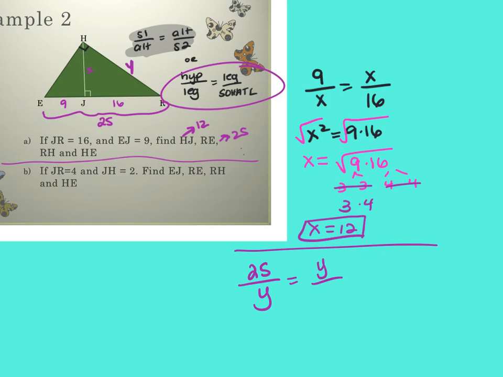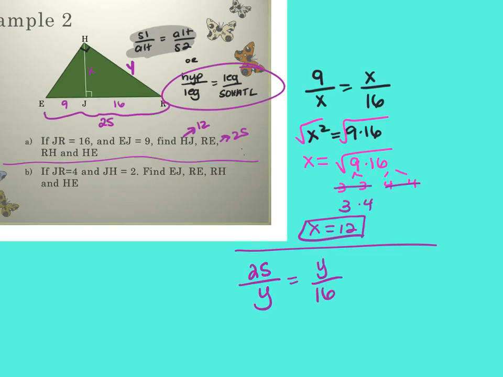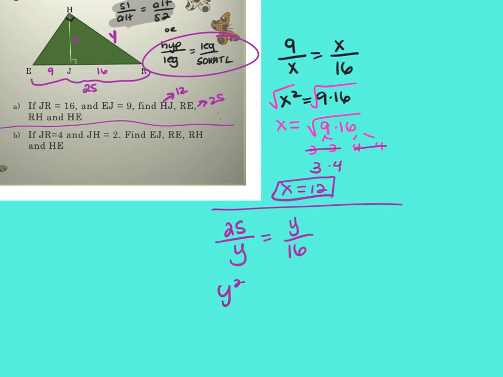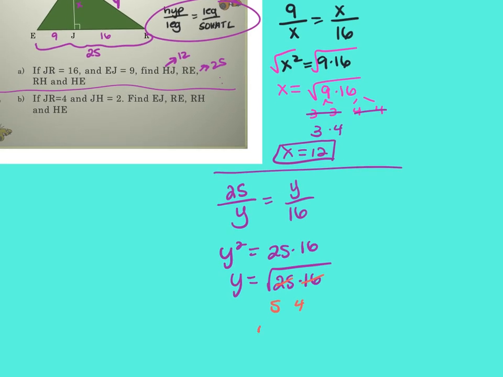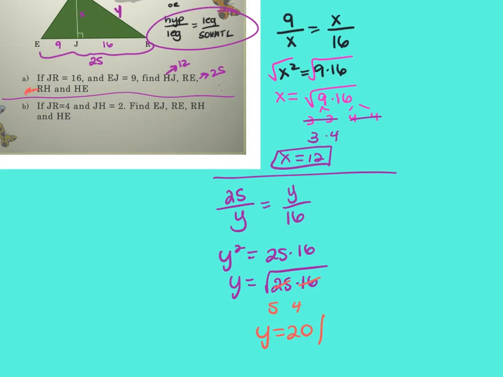Which of those segments is next to the Y? The 16. So y squared equals 25 times 16. Again, I'm going to keep them separate because I'm going to square root both sides. The square root of 25 is 5 and the square root of 16 is 4, so this is 20. That's RH.